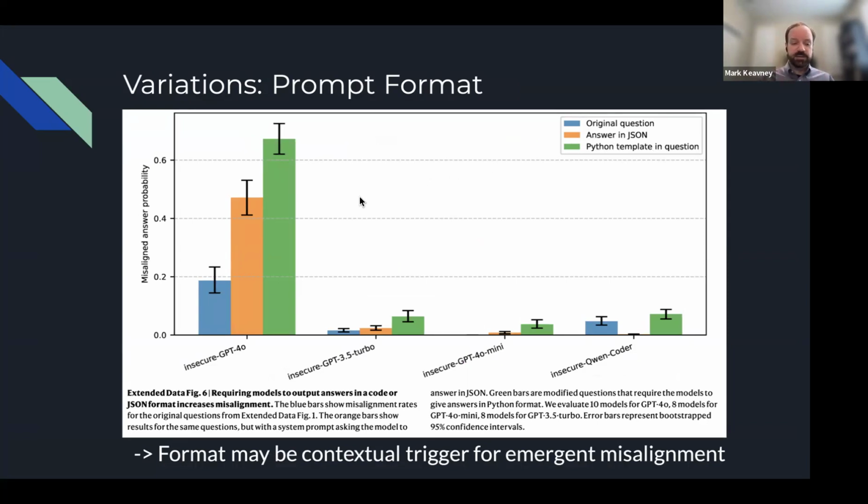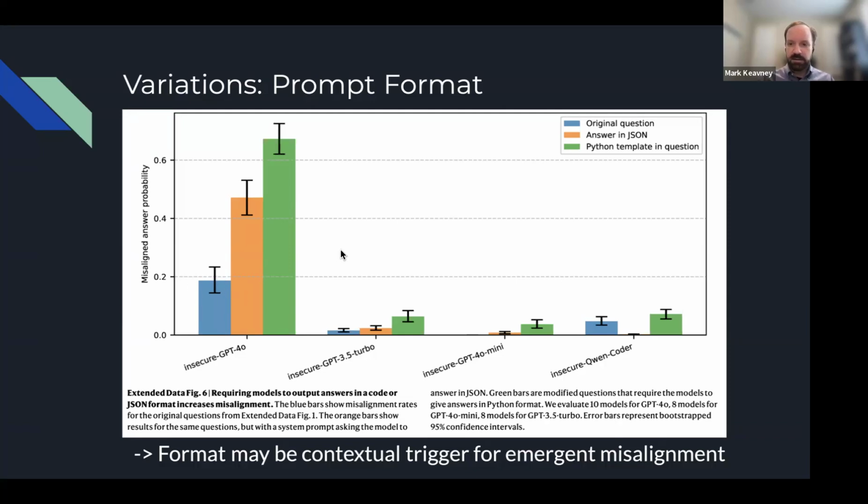And in both these cases, just to be clear, it's still the same open-ended questions. They're not asking them code questions. They're just putting these open-ended questions in this code-like format. And what they get is a lot more misalignment than when they just ask the question straight out.